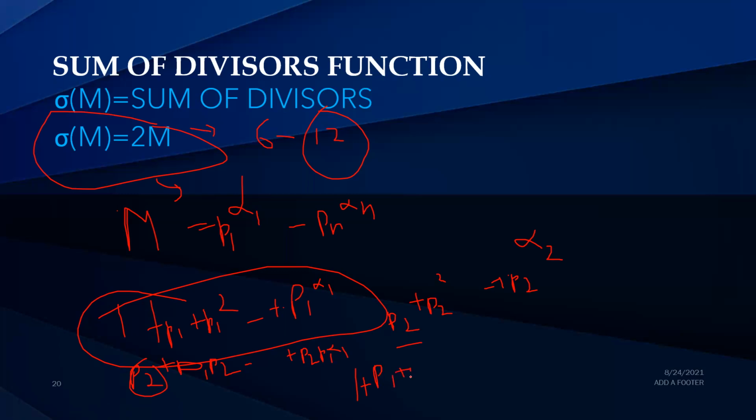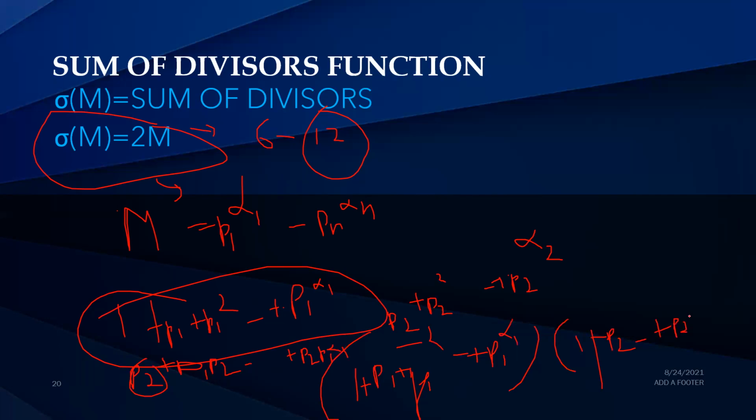So 1 plus p1 plus p1 square up till p1 raised to alpha 1, multiplied by 1 plus p2 and go until p2 raised to alpha 2.